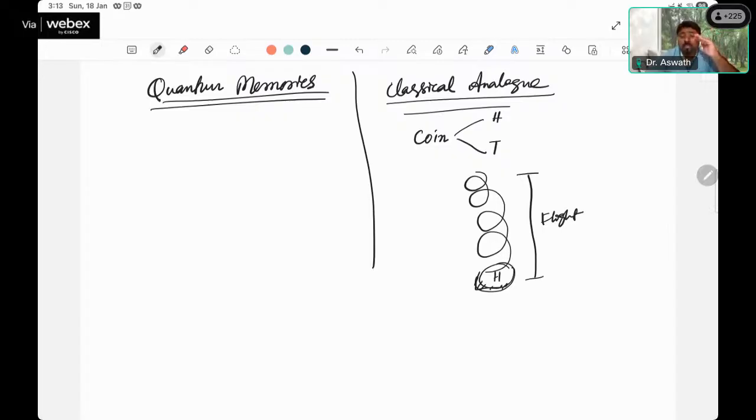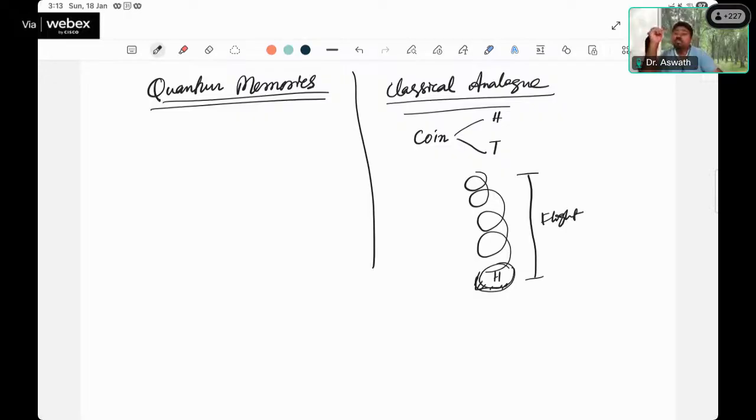Now, during the flight, if somebody comes and sees the coin, they may say, of course it's a coin. But what kind of coin is it, a 5 rupee coin or a 2 rupee coin? If they want to know what the coin is, they have to catch it. Once they catch it, the flight is destroyed.